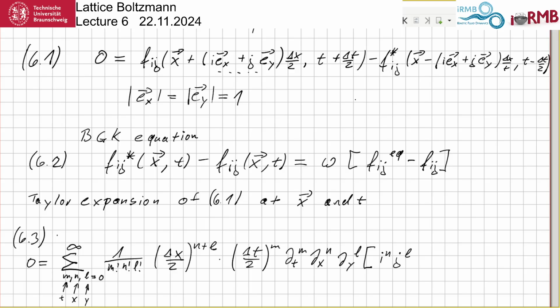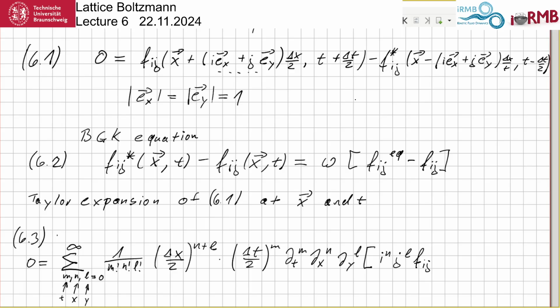The direction of course gives us the direction of the derivative. This is why e_x and e_y will no longer appear here. And this goes into F_ij.